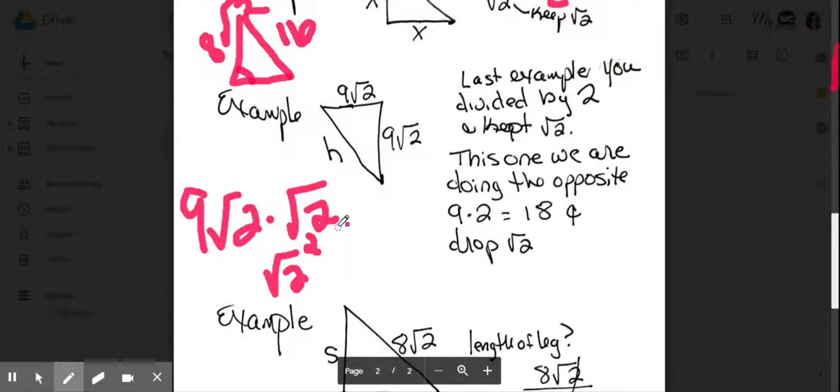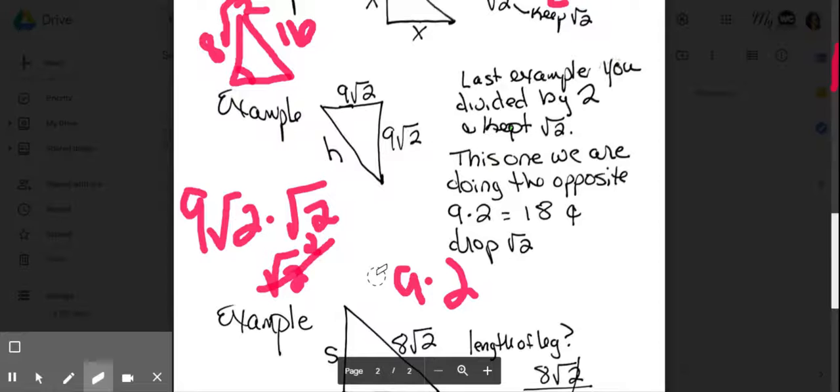Because the square root of 2 times the square root of 2. Well, the square root and square, those are opposites. So those actually cancel out. Well, not that 2 there, but so that's the same thing as leaving us with 9 times 2. And 9 times 2 gives us 18.